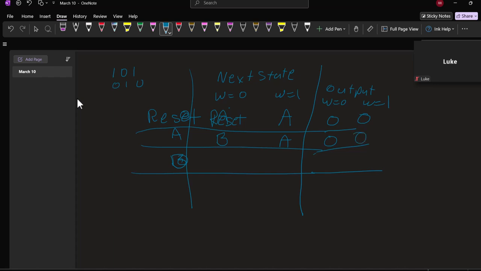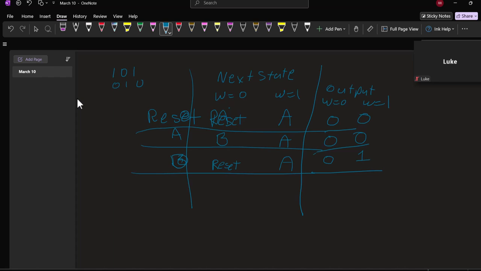And if we were in state B and we got a 0, we went to reset. And if we got a 1, we went to A. And if we got a 0, our output was 0. And if we got a 1, our output was 1.